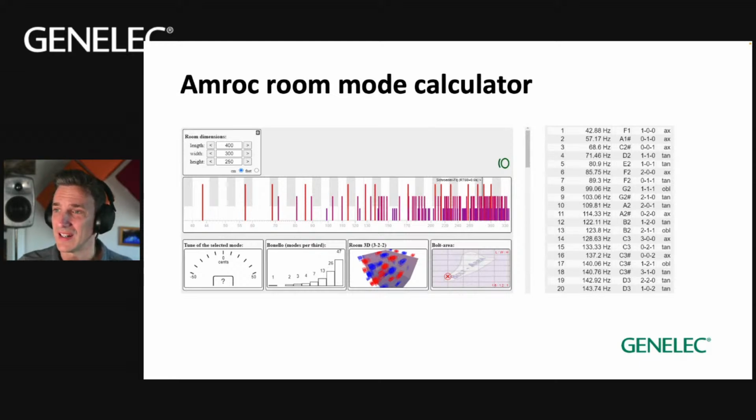For all of you who are musicians, it's also sometimes interesting to see that, of course, a room mode, let's say at 70 hertz, is around a D. So then you can understand if you realize, for example, I'm having a mode at D, which is pretty strong, some keys in my room will sound a little strange, just because then this D note will somehow sustain longer in the room.